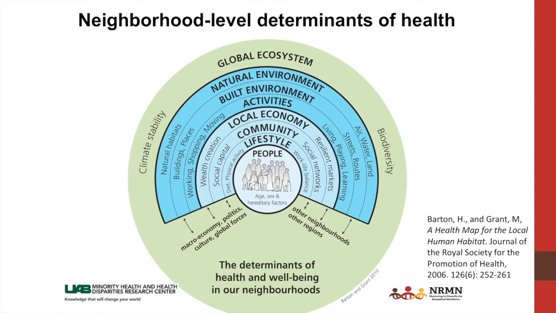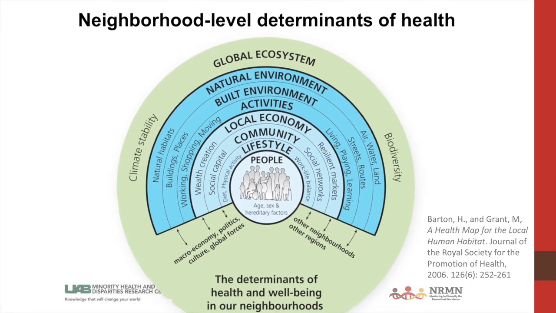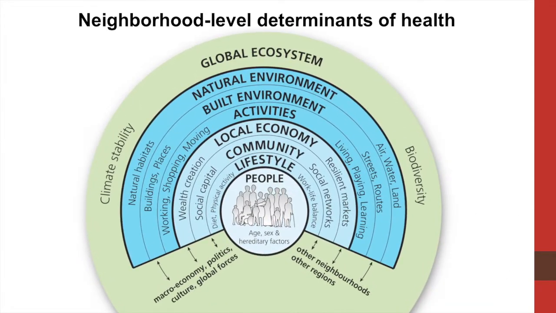In another way, Hugh Barton developed a model called the neighborhood level determinants of health that shows how the global ecosystem, like climate and stability, our natural environment, like clean air, water and land, and the built environment, like the buildings, places, parks, streets, safety of streets, and green spaces, can impact the activities of individuals: how they work, how they shop, how they move, how they live, how they play.